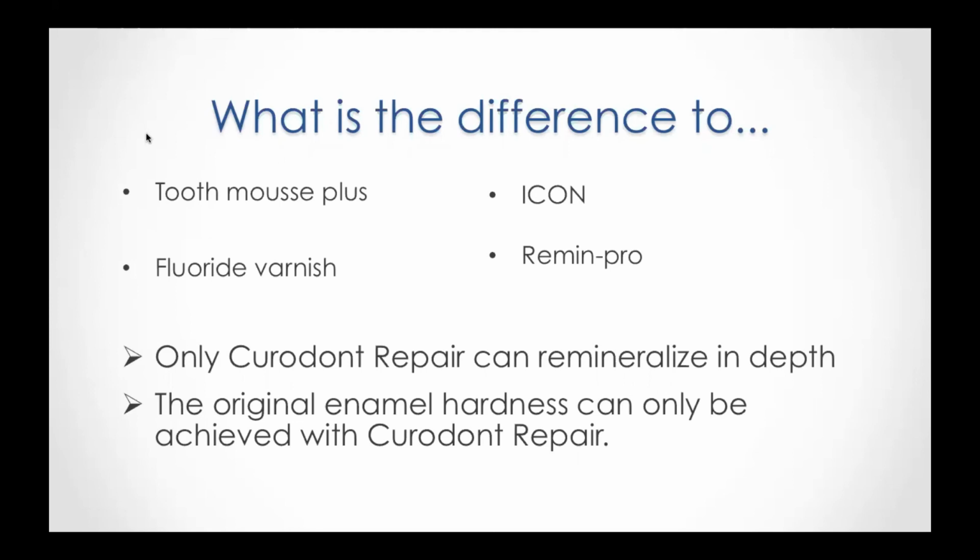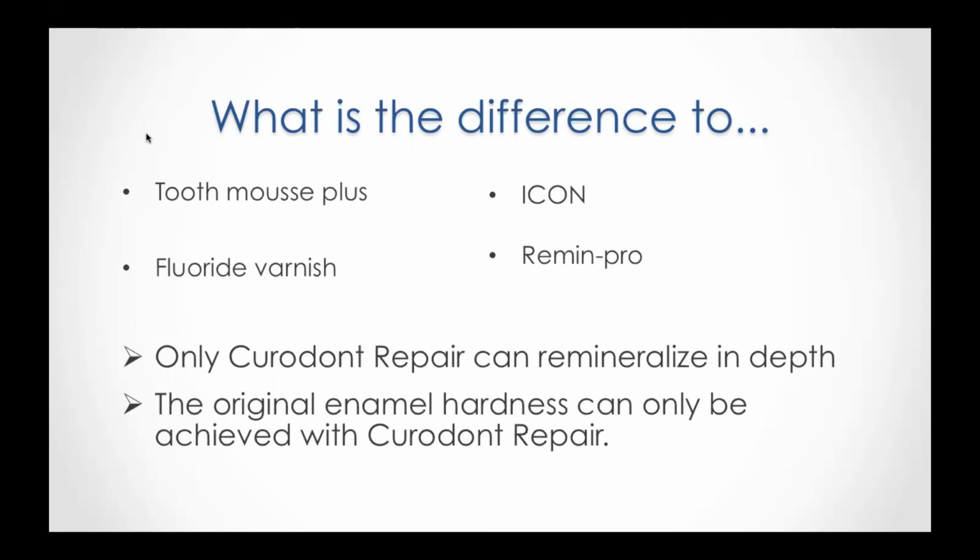The ICON is an infiltration technique where the superior layer of enamel is etched away and the resin is infiltrated into the defect. The handling is a bit more invasive, of course, compared to Curodont Repair, and can be a little bit cumbersome, especially if you need to treat areas interproximal.